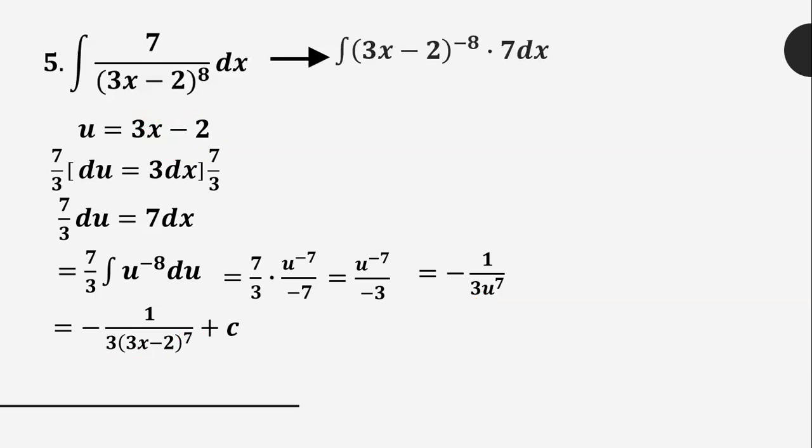There's no need to overdo everything. Because you have to expand first this binomial raised to 7, or multiply it by itself 7 times, before you distribute. So it will be difficult for you to simplify further.